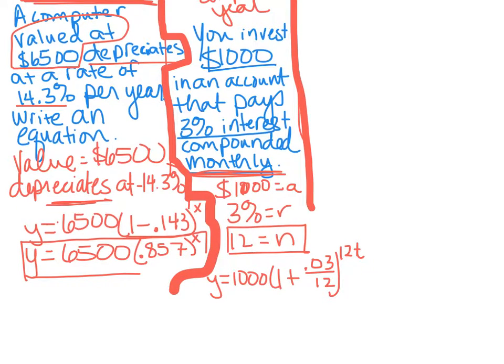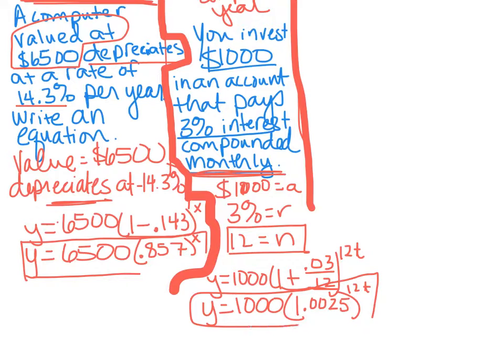I don't know how long I'm going to let this investment sit, but that's what it is. So this is the unsimplified version. If we want to go ahead and simplify this, it's going to be 1,000 times 1.0025. That came from taking the 0.03 divided by 12 and then adding it to the 1, raised to the 12t. So this is my equation.